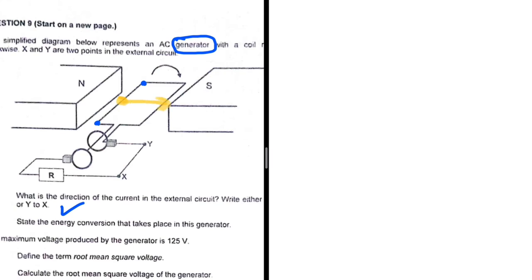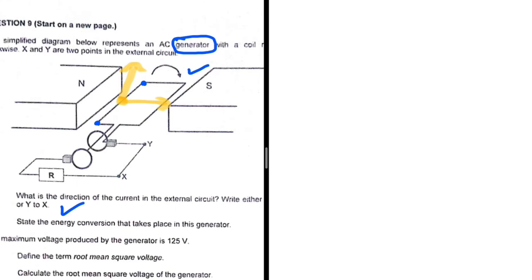Your thumb has to follow the direction in which the coil is moving. The coil is moving clockwise, as you can clearly see from our sketch. So this part is going to be moving upwards if the coil is moving clockwise. That is the direction of the thumb.